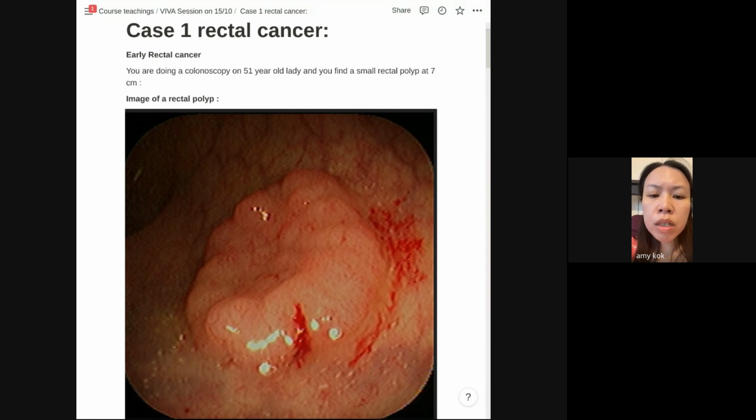I would definitely need to take at least 6 biopsies from this lesion. Apart from that, I will complete the whole colonoscopy to see if there is any synchronous lesion. I will also try to assess the location of the mass, because if I am thinking about some sort of local excision later on, then I possibly need to know the orientation of the tumor if possible.